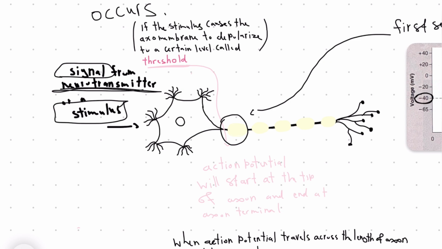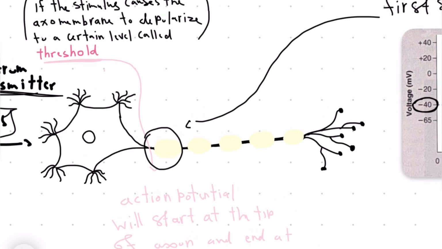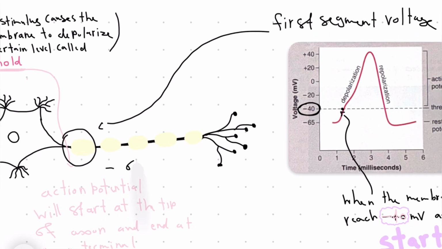When a neuron receives a signal from an excitatory neurotransmitter, or it receives a stimulus, if these things are strong enough to cause a change in membrane potential from negative 65 millivolts to about negative 40 millivolts, an action potential will start at the tip of an axon, and it will move along the length of the axon until it reaches the axon bulb or axon terminal.